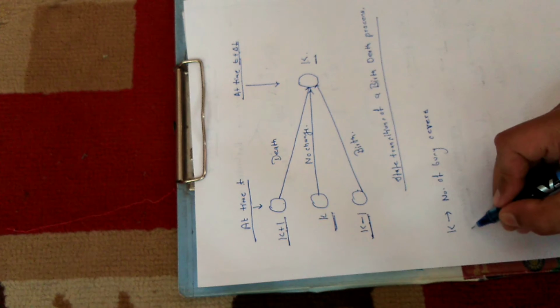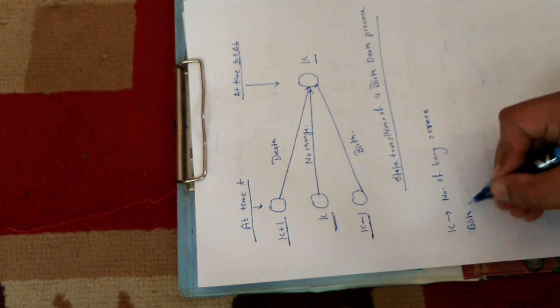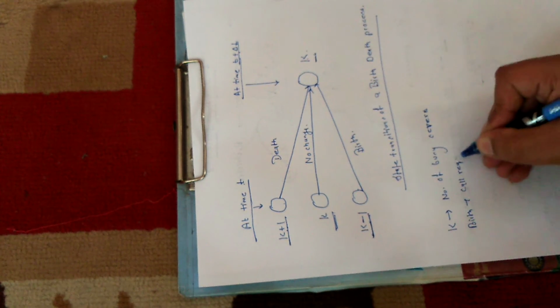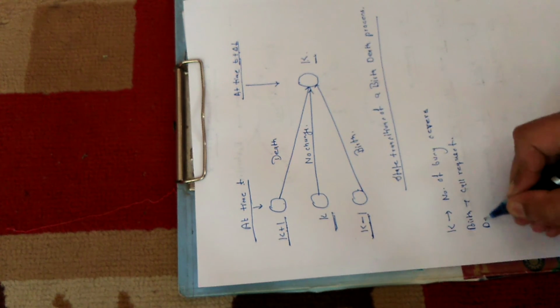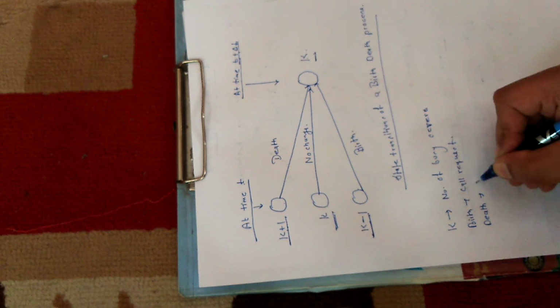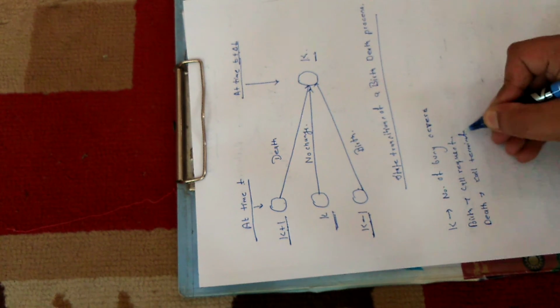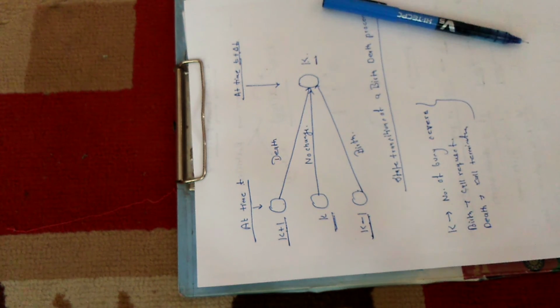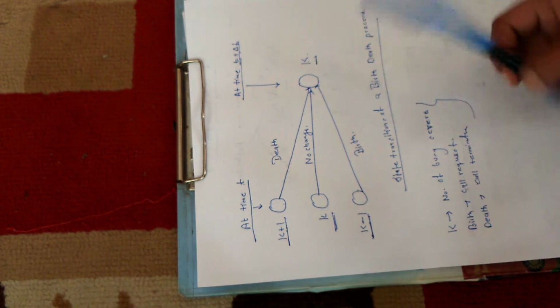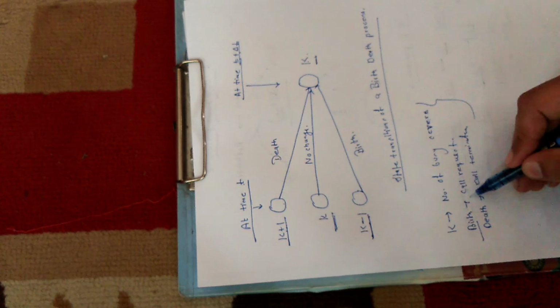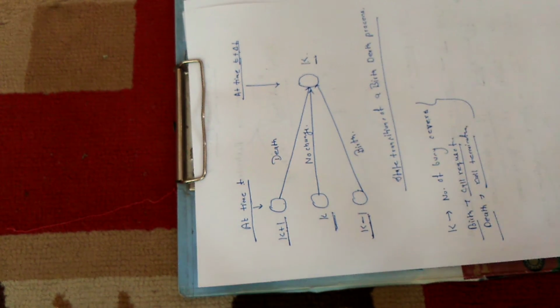A call request means a birth, and a death means call termination. This way a telecommunication network can be modeled as a BD process, where k is the number of busy servers, birth means call request, and death means call termination.